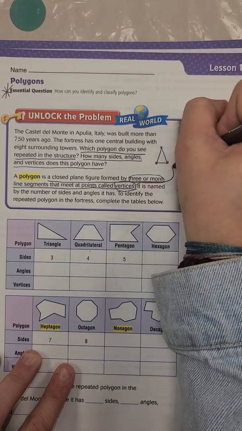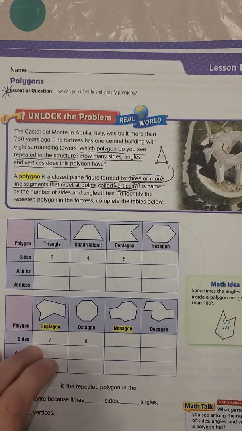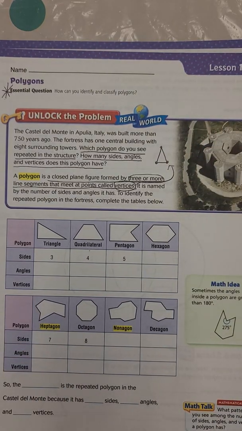I'm just going to draw a little triangle and have my vertices there. It is named by the number of sides and angles, and as we've learned in the past, the number of sides tells you what type of polygon it is.